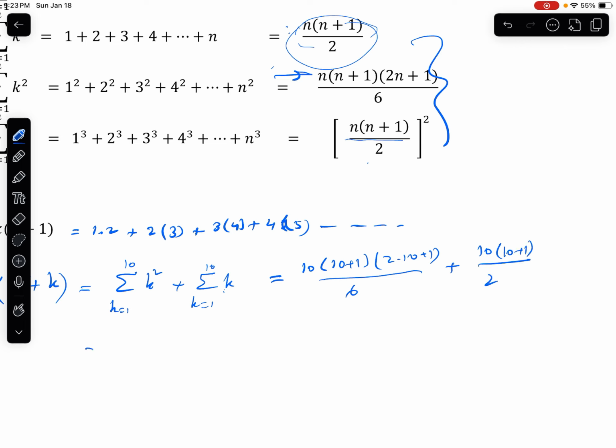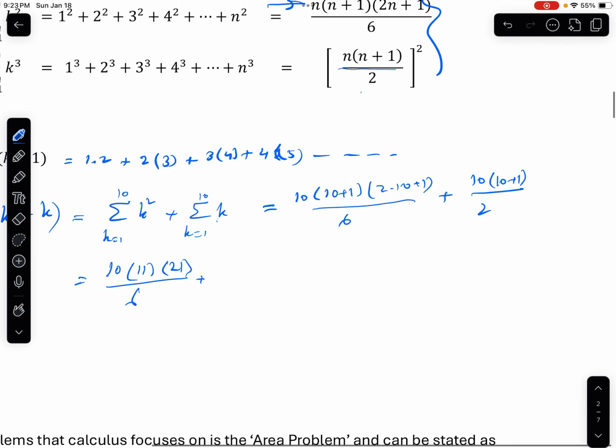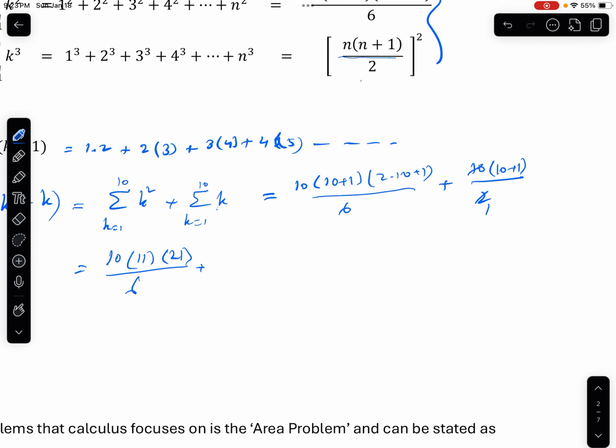Okay, so this will give me 10 into 11 into 21 over 6, plus, well, you see 2 goes into 10 five times, so I get 5 into 11, so 55. This expression can be simplified here.